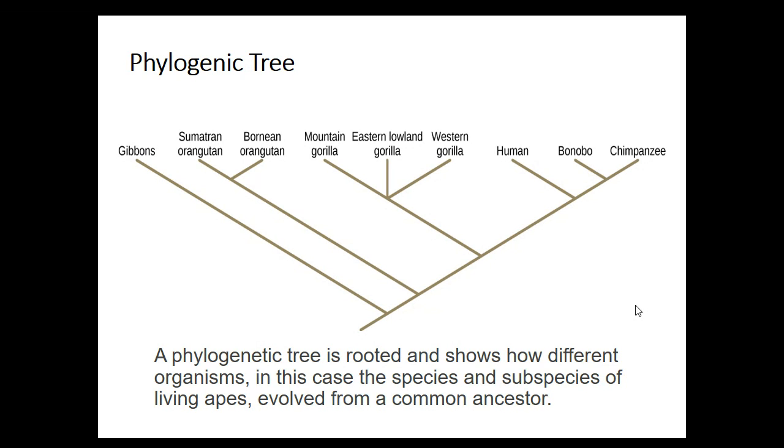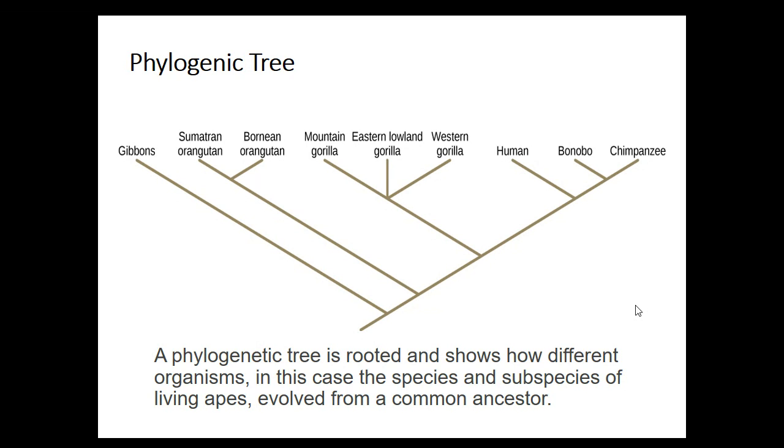It's unusual to see three lines coming from the same point. This doesn't mean that we really think it happened this way, that there was one ancestor that split into three directions, into three lines of evolution. It just means that we're not sure what happened here.